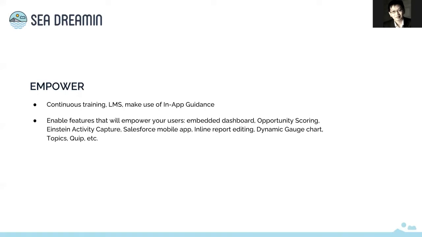Enable features that will empower users, whether you use embedded dashboard, opportunity scoring, activity capture, mobile app. These mostly are free when you buy a Salesforce license. But this is good for you. If you don't enable this, your users may not be aware, but you as a Salesforce professional need to let your users, your customers, know that these features exist. They can make use of them to help empower them to use Salesforce.